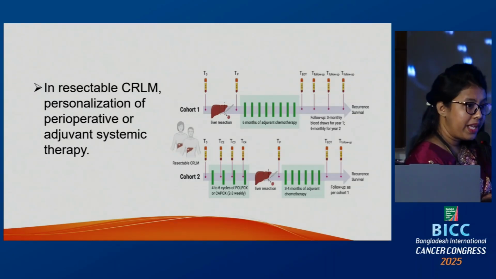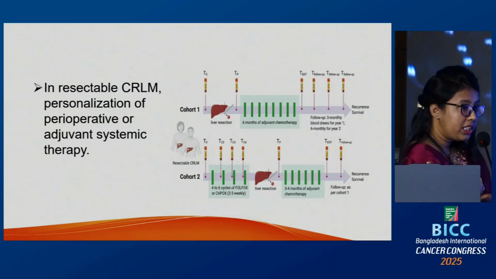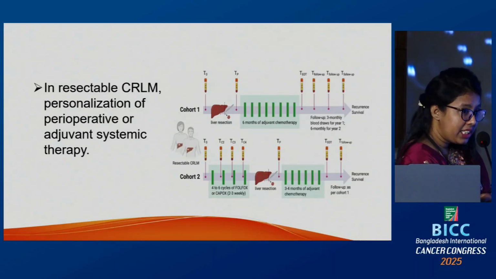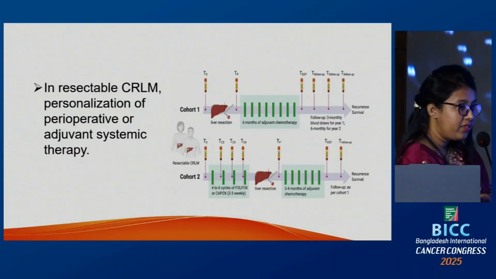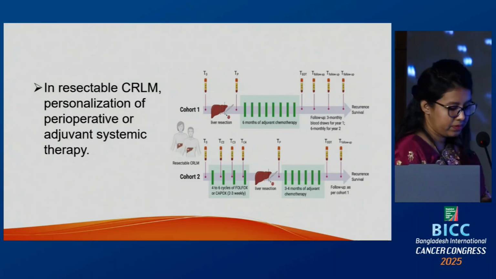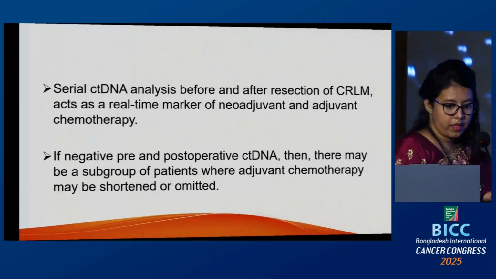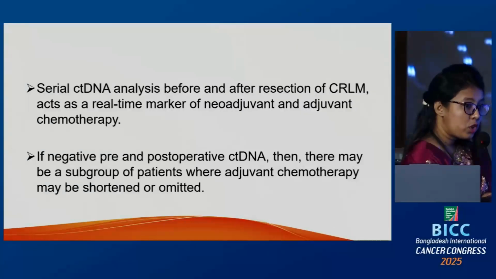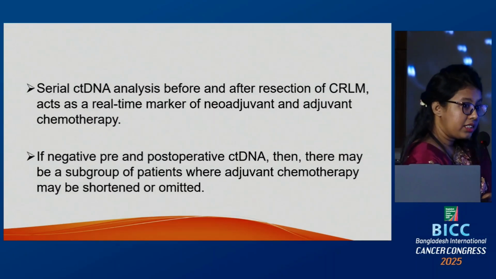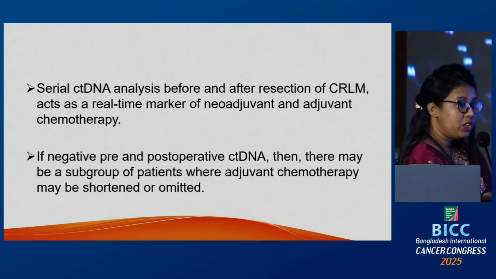If the baseline ctDNA level is positive, then this patient usually needs neoadjuvant or perioperative therapy. But if the baseline ctDNA level is low or negative, then this patient usually needs adjuvant therapy. And if both pre- and postoperative ctDNA levels are negative, then in this subgroup of patients, adjuvant therapy may be shortened or omitted.